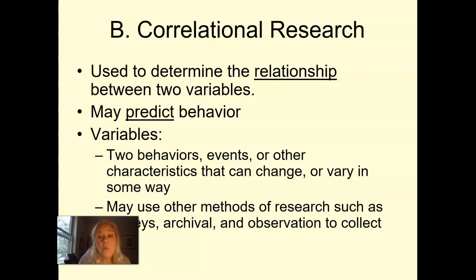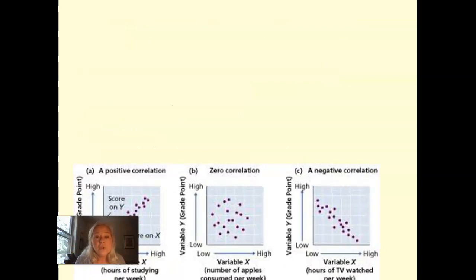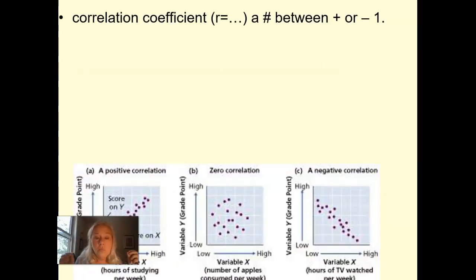So that's how we would have the 2 variables, and that is how we would use different methods to obtain our data.